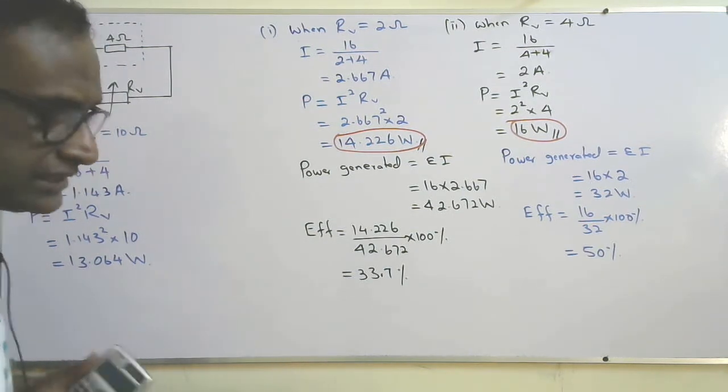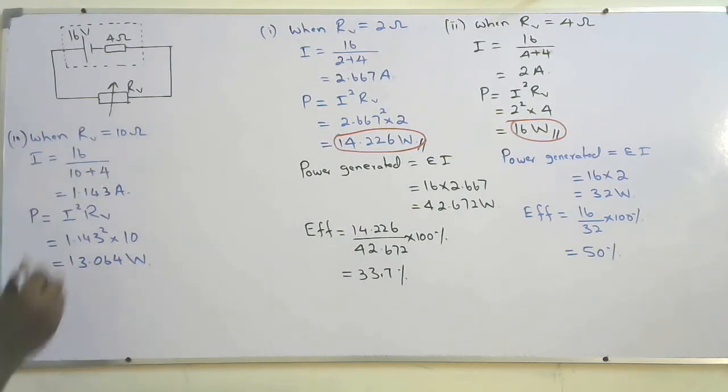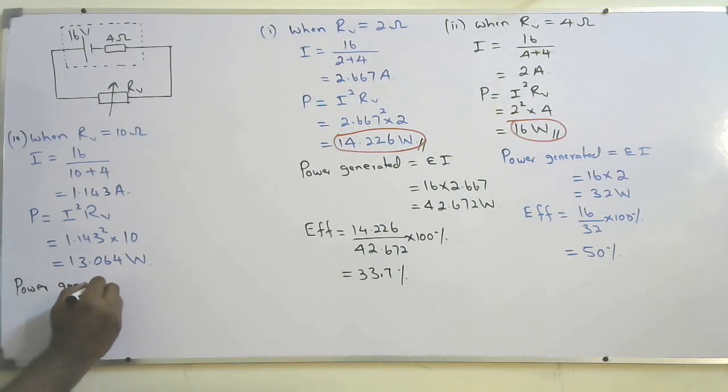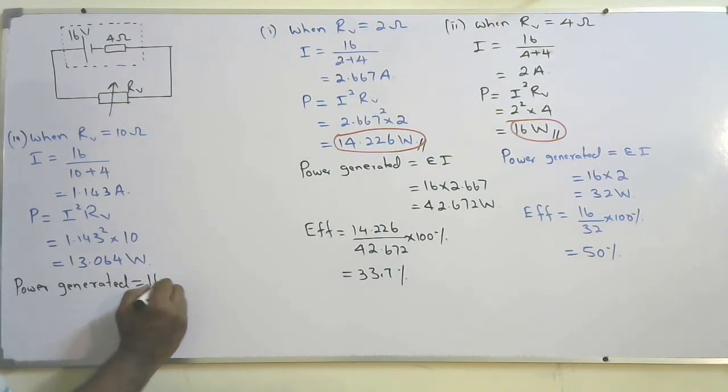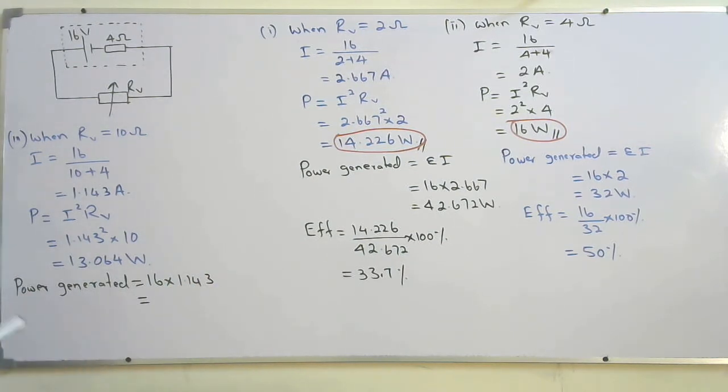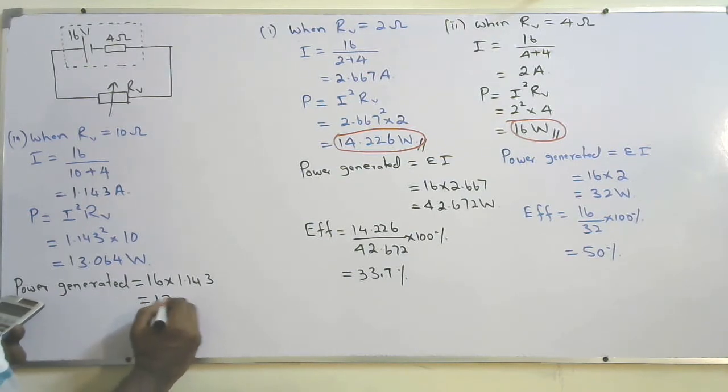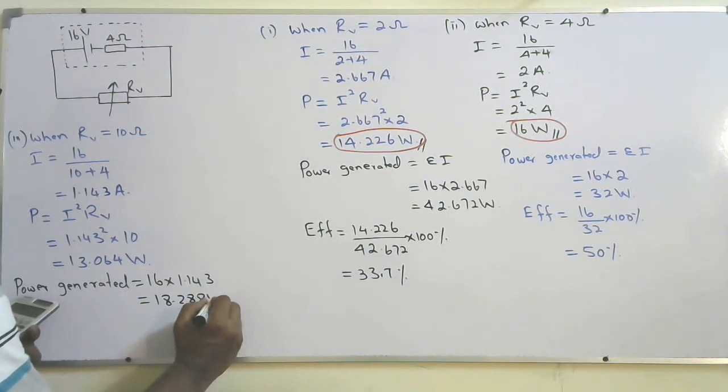So I need to find the power generated when the external resistance is 10 ohms. That is equal to EMF 16 into current flow 1.143, which will be 18.2288 watts.